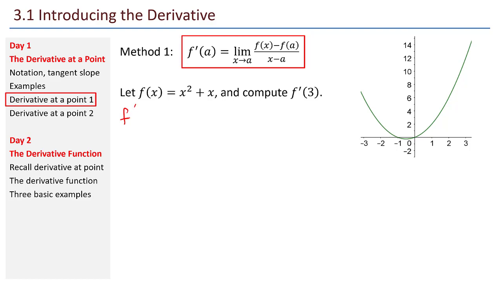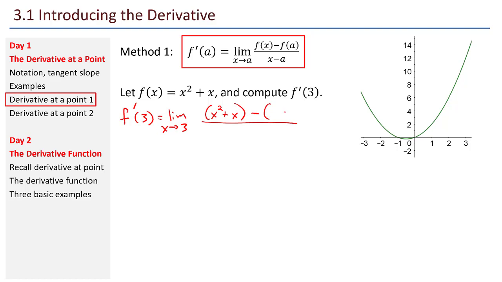According to my formula boxed up above, f prime of 3 equals the limit as x approaches 3 of f of x, so x squared plus x, minus f of a.